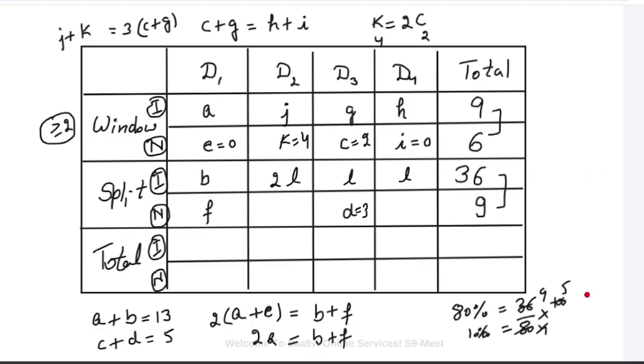Let's rub this. This we don't need. This we already solved. Whatever we are done with, we will keep on rubbing it. K and C, that is also done. Because there are fewer things to watch, less confusion. Now J plus K. J I don't have, but K I have. K is 4.